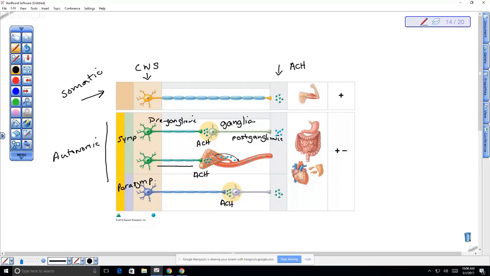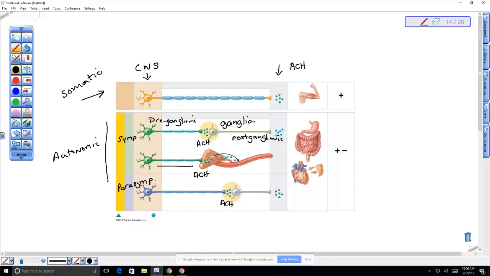Instead of it just being a separate ganglion, it becomes a ganglia inside of a gland. And so this is the reason why, in this particular instance, there is no ganglion. There's just the adrenal gland.